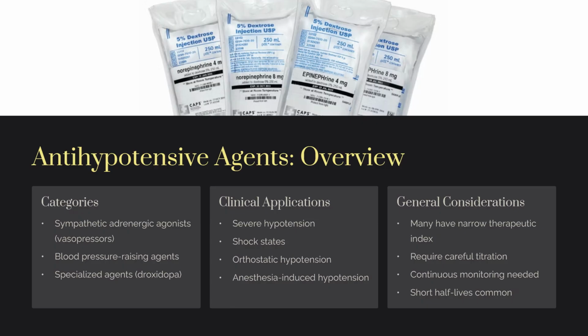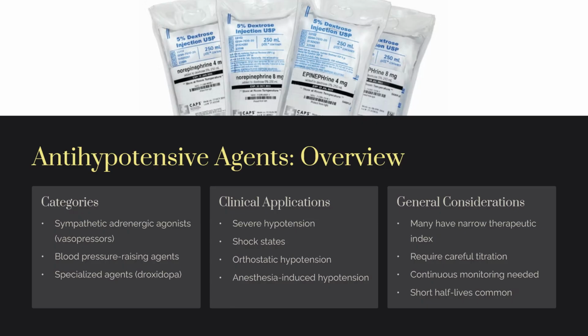Also known as vasopressors. So if I just said that a sympathetic adrenergic antagonist or a blocker stopped those things, what are these doing? They're making them happen, right? So this is activating the epi-norepi. This is making that happen.